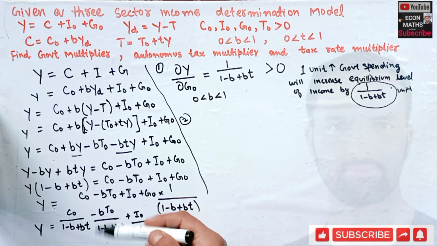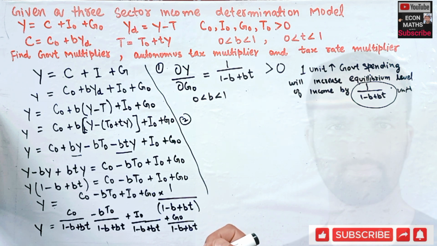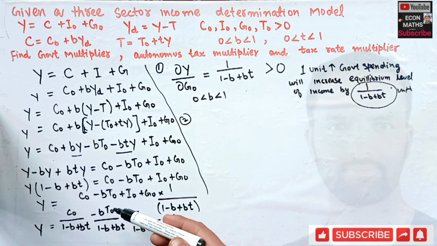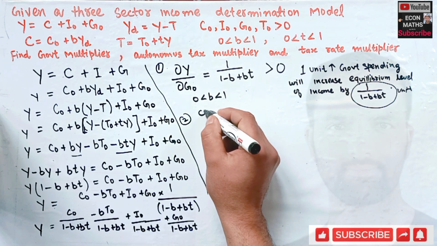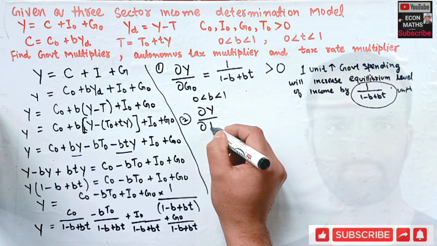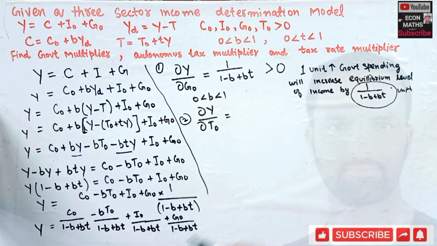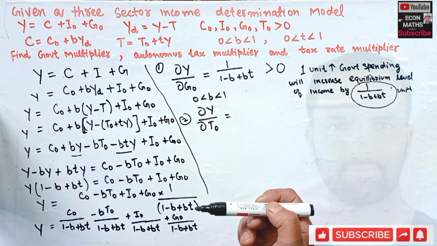We are not taking this t into consideration; we are just differentiating with respect to autonomous tax. That means we need to take dy upon d t naught, that is, the lump sum tax.